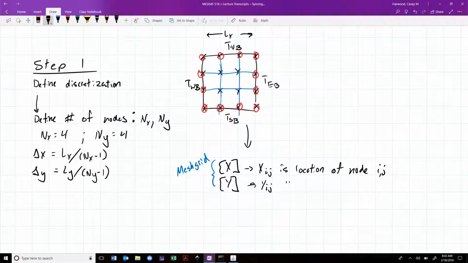And for the purposes of this problem, and what we're doing in this class, we're going to assume that we always are working with a situation where delta x is equal to delta y. That makes the math easier. So we're going to assume that these two quantities are equal to one another.